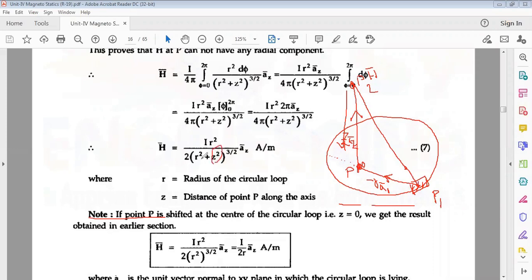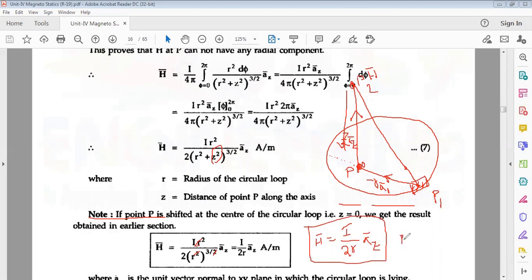I R square by 2 into R square whole power 3 by 2 becomes 2 R cube, and R cube and R square get cancelled. H bar is equal to I by 2R into A Z bar.